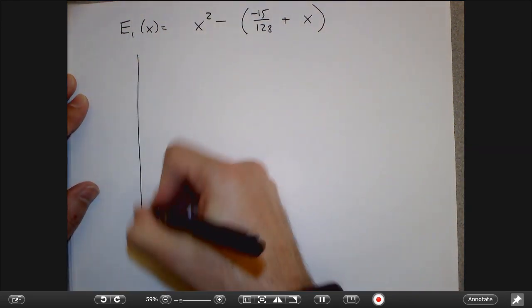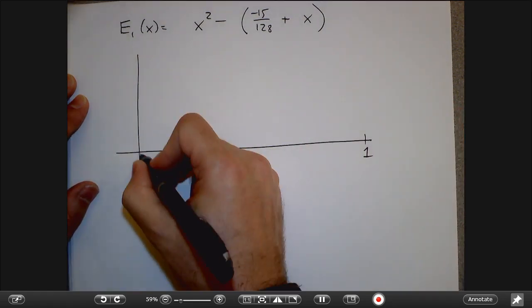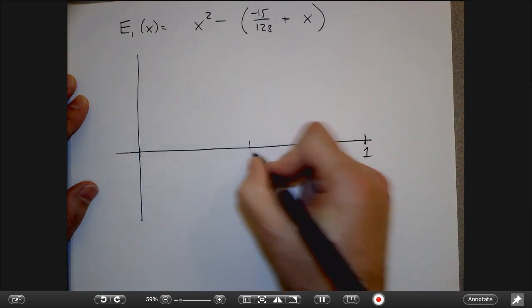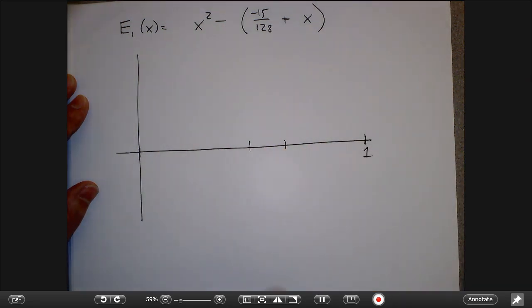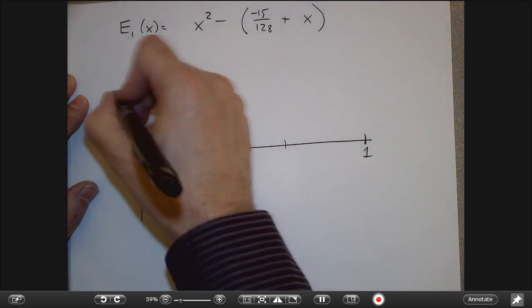If I plot that over 0, 1, again, my hypotheses were this was the error, this was the place, and this was the place where the error took the most value. And I found out that now the value of that error is 15 over 128.